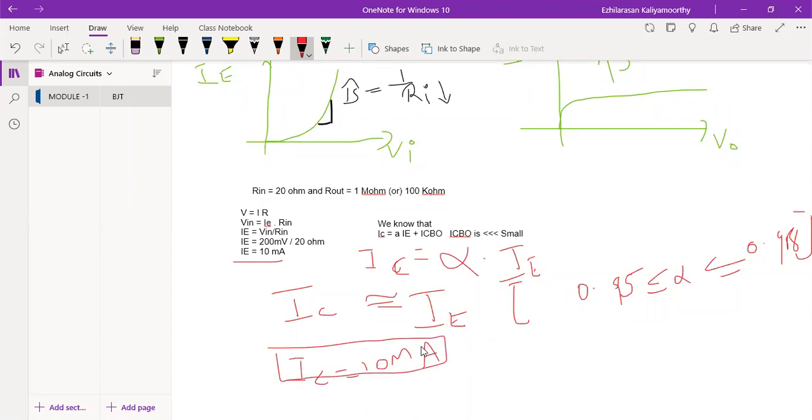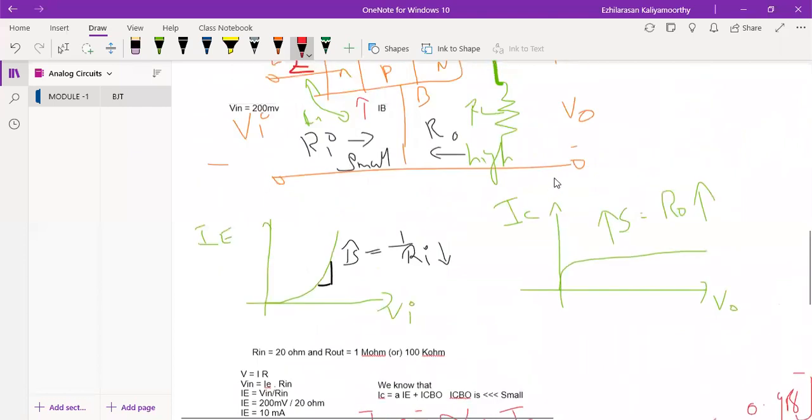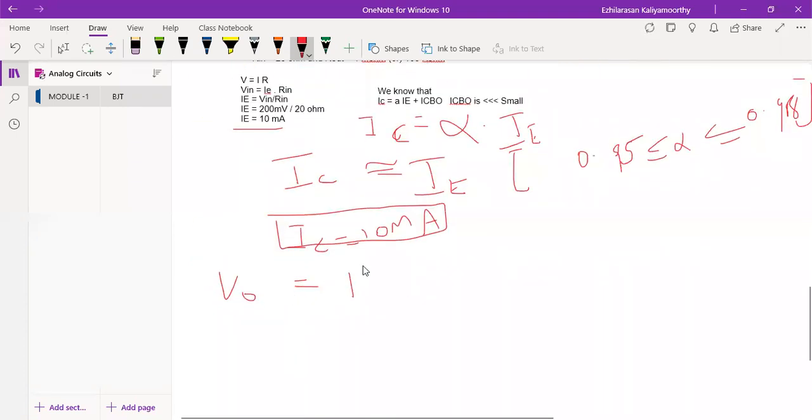Now let us calculate the output voltage, V naught. From the output side, V is equal to IR, that is IC into RL. IC is 10 milliampere.